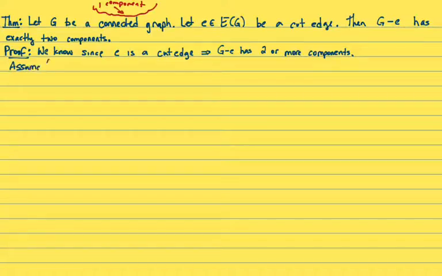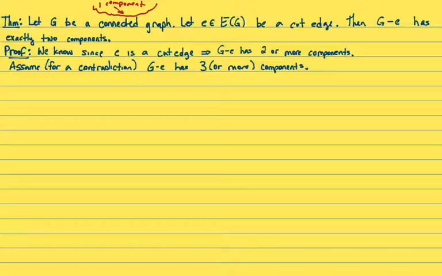So assume for the sake of contradiction that G minus E has three or more components. So we're skipping over 2 and going to 3. I'm going to show that this leads to a contradiction, and if that leads to a contradiction, then the only possibility is there are exactly 2 components, which is what I'm trying to prove.